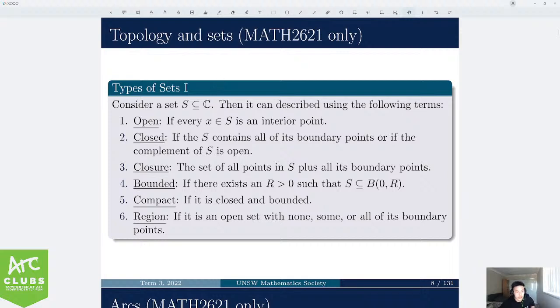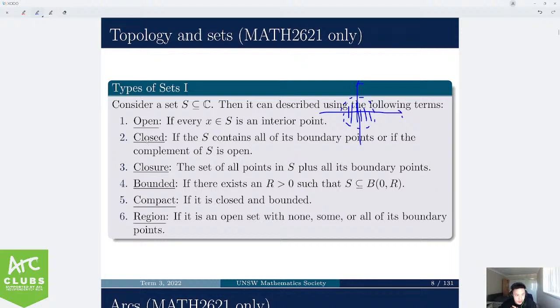Now, we have some types of sets. So again, let's consider a set S being a subset of the complex numbers. Condition 1, the set is open if every point inside the set is an interior point. So just a classic example: the ball, center 0, radius 1, that's going to be an open set.